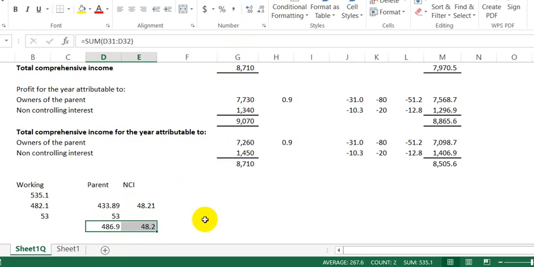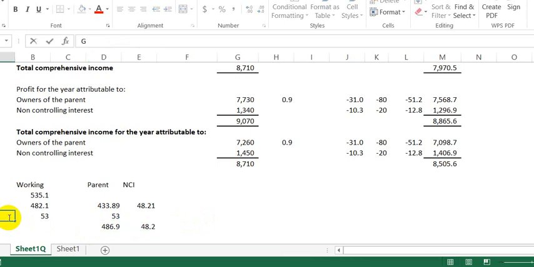Because the goodwill belongs to the parent only, we cannot split it between 90 and 10. So we remove it from the 535.1.